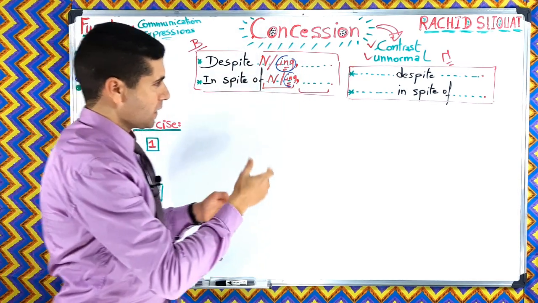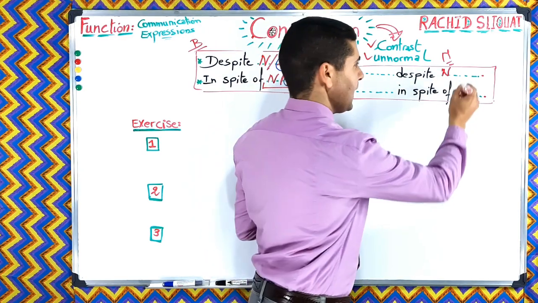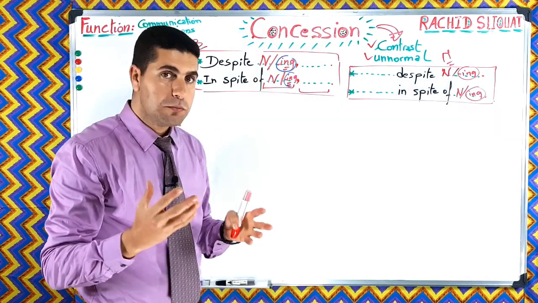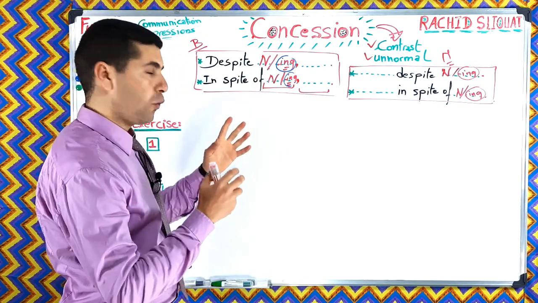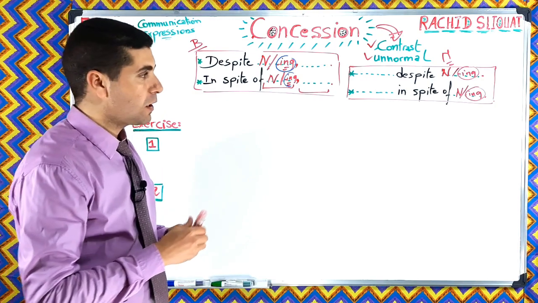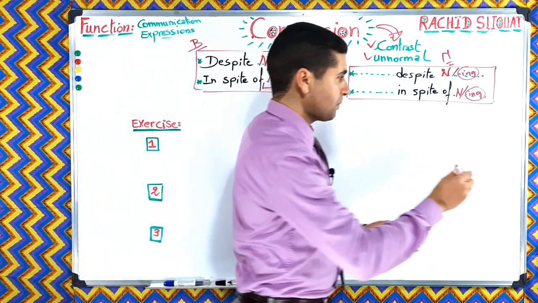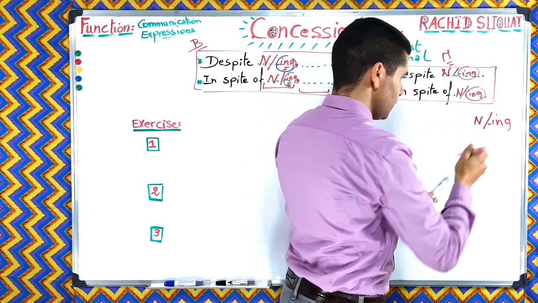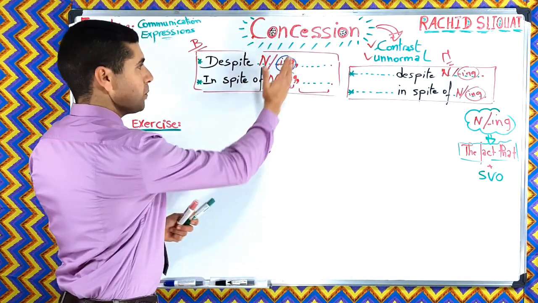As I told you before, if you find it difficult to find the noun or make the ing form, you can easily use the fact that plus subject. So this is part number one.